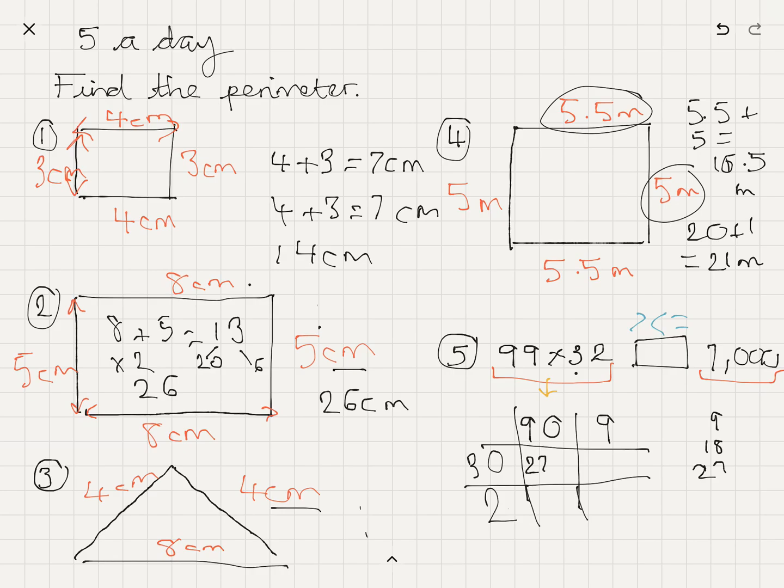But in this case, because we've got 2 zeros, we add 2 zeros onto the end. Okay, and then we're doing 9 times 3, which we know again is 27, and we've got 1 0, so we add 1 0 onto the end. Okay, then we're going to do 2 times 9, which is 18. We've got 1 0 to add onto the end, so that's 180. And then 2 times 9, which is 18.